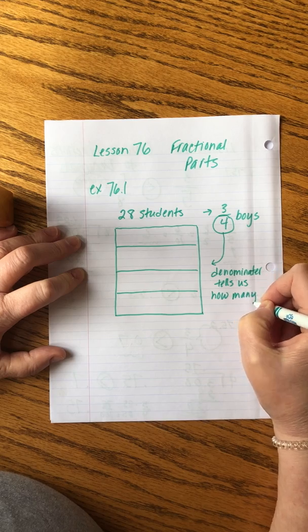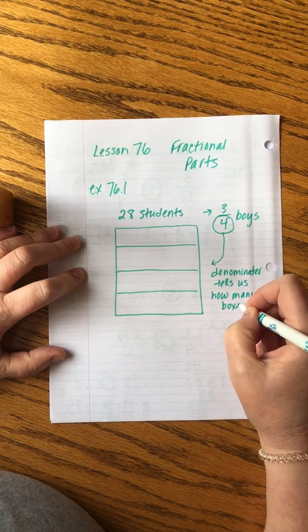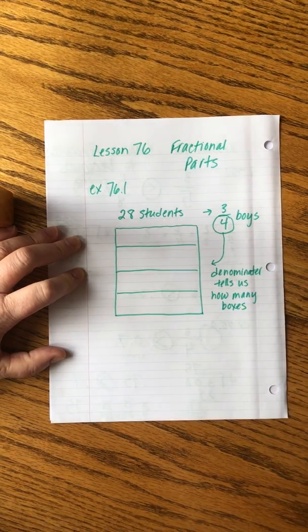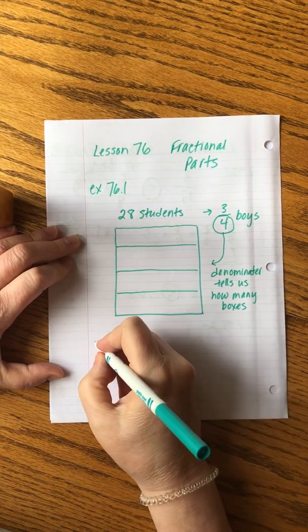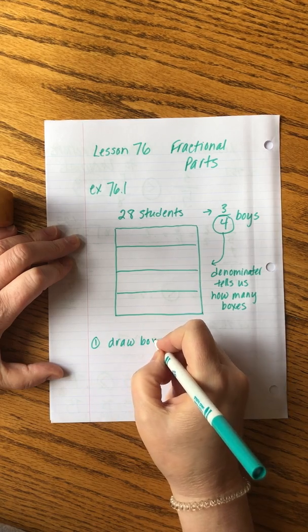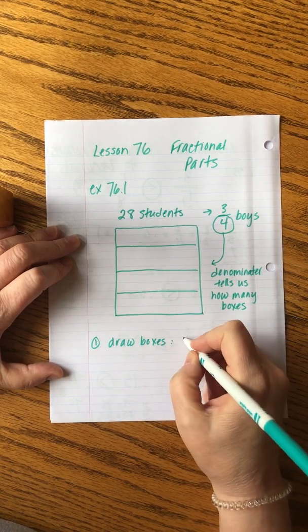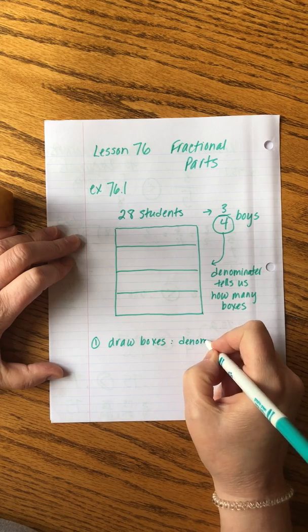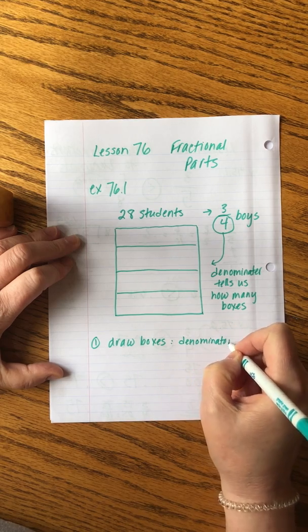Instead of saying parts, I'm going to say boxes, because I drew literally boxes. So step 1 was draw the boxes, and we use the denominator of the fraction we're given.